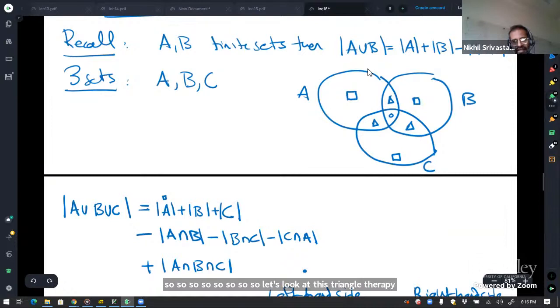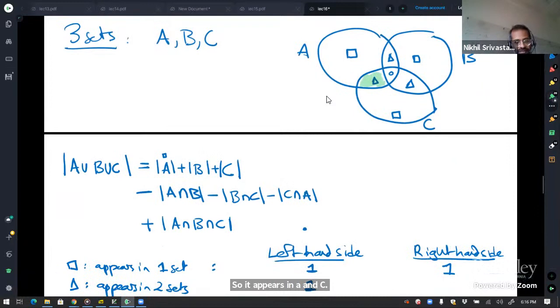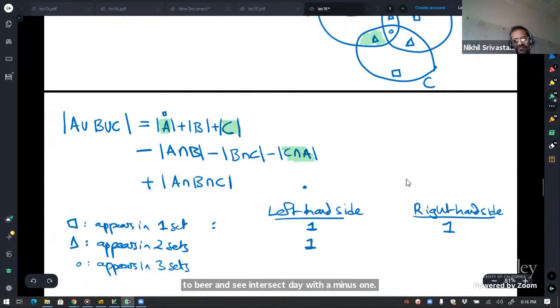It appears in A and C, but not in A, B, and C, right? Well, it's going to appear in A with a +1. It's going to appear in C with a +1. And it's going to appear in C intersect A with a -1. And it's not going to appear anywhere else. So these triangle terms appear 1, +1, -1 times in the right-hand side, which is also 1.